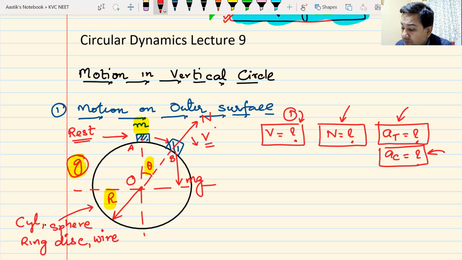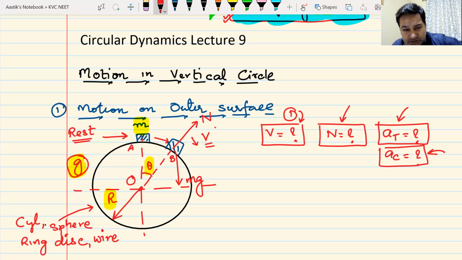Now, how do we do this? Well, we don't have to use anything special to find out the value of this v. Once you get the value of this v, the rest of the things can be easily done. Now, the process of solving this question is exactly the same as what we have been doing till now.